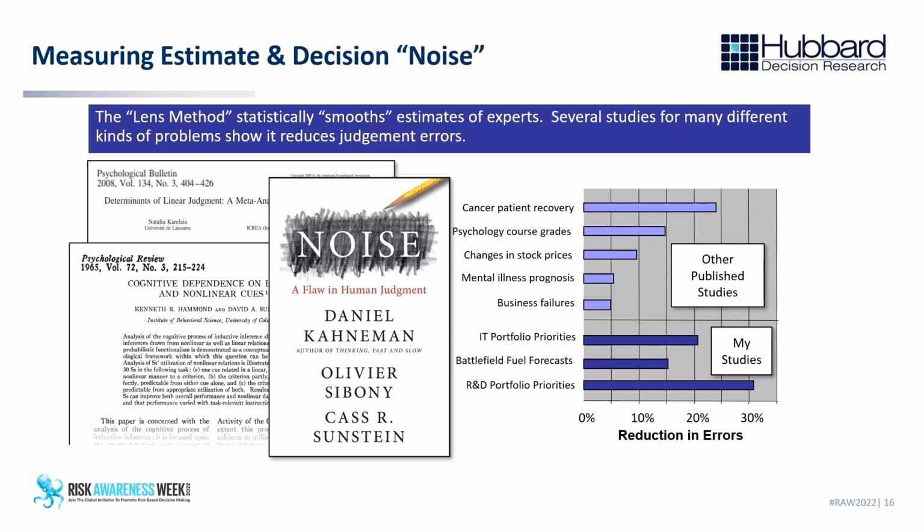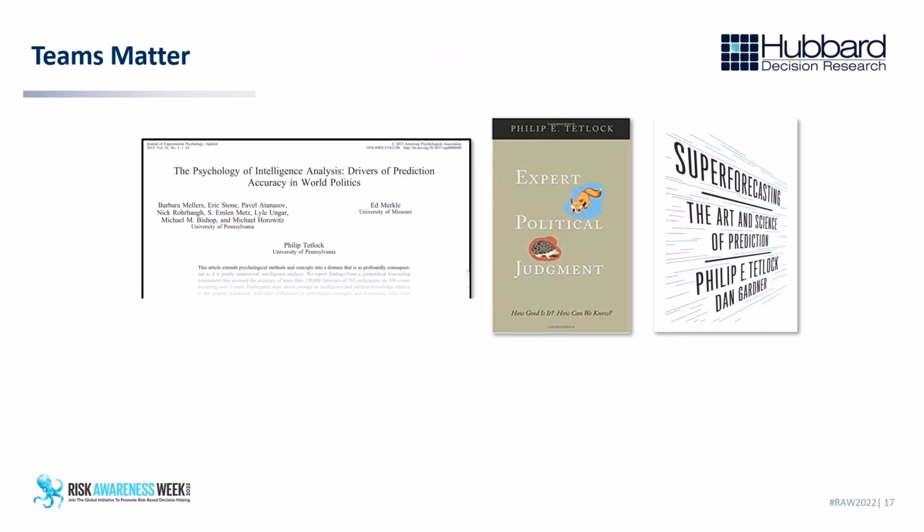So measuring expert inconsistency is actually something we can measure as part of integrated decision making because they're a component in integrated decision making.